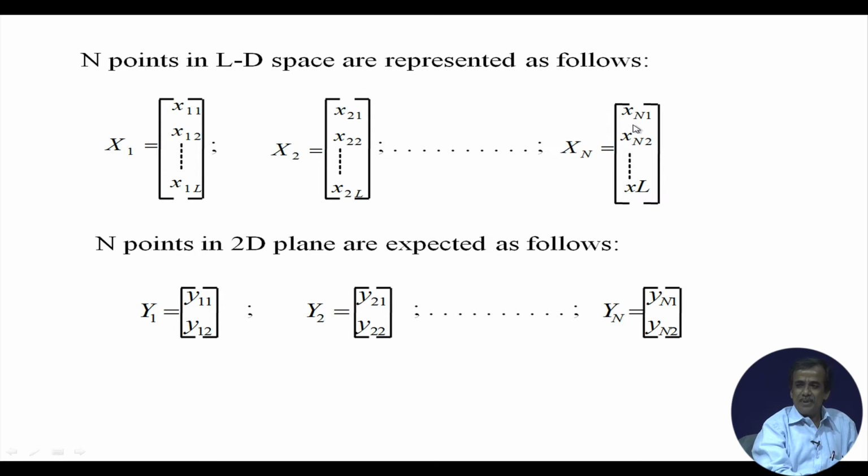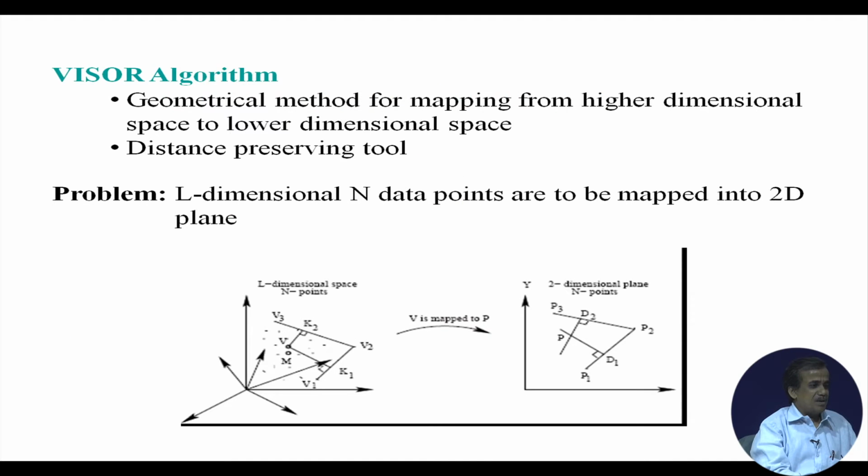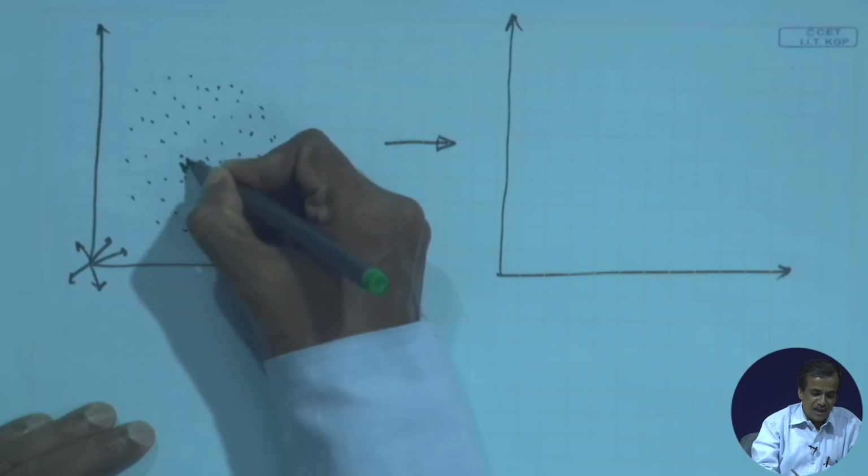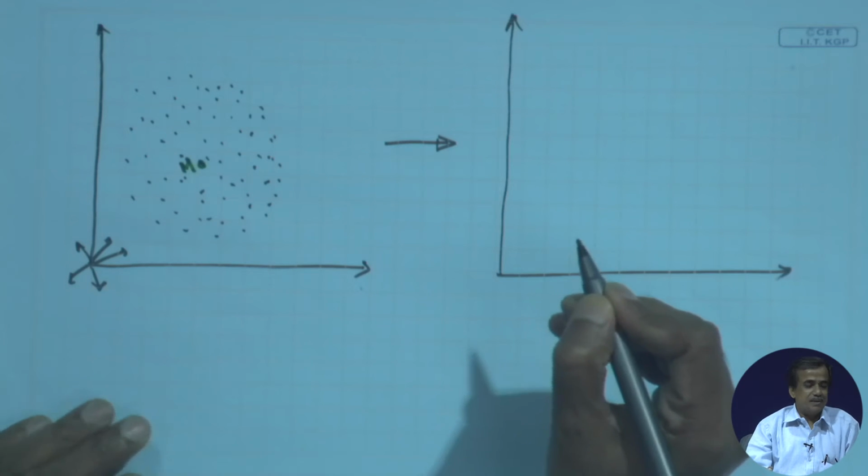We add them up and divide by capital N, because we have got capital N number of data points, and that will be the average value corresponding to the first dimension. The same procedure you follow for the second dimension, third dimension, up to the Lth dimension, and then you will get the coordinates of the centroid, that is M. Supposing these are the data points, the centroid could be here. So, the centroid is denoted by capital M.